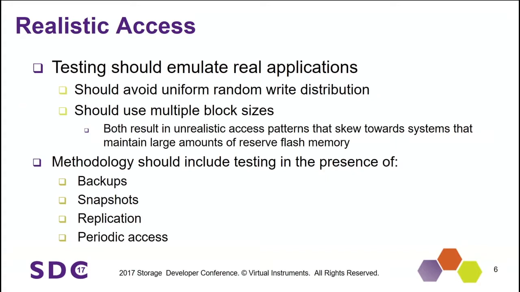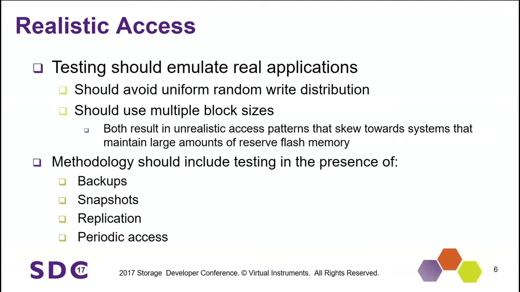So don't do uniform random writes. Use multiple block sizes. Now, some people will argue back and say, oh, my Oracle application is every time 8K writes, that's all it does, and that's the end of the story. Well, sometimes. But one thing about flash arrays, what are people doing? They're combining applications. They're not running just one application on a stand with multiple racks anymore.